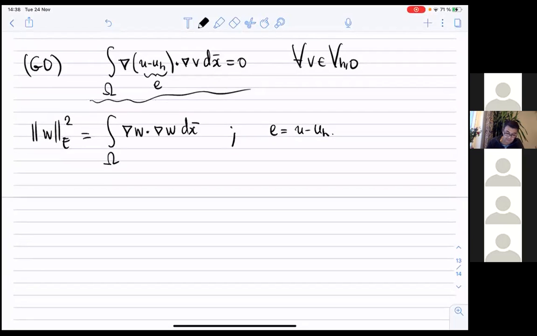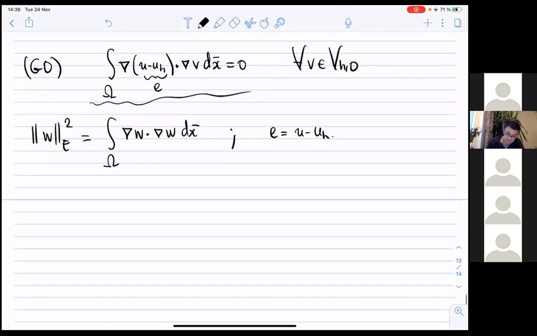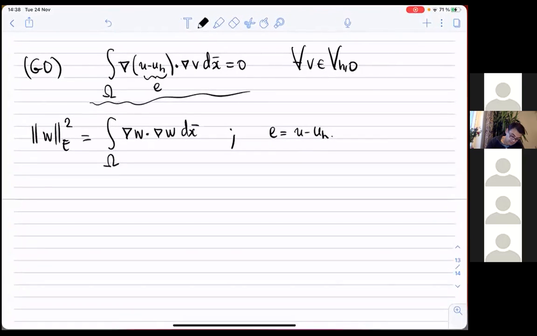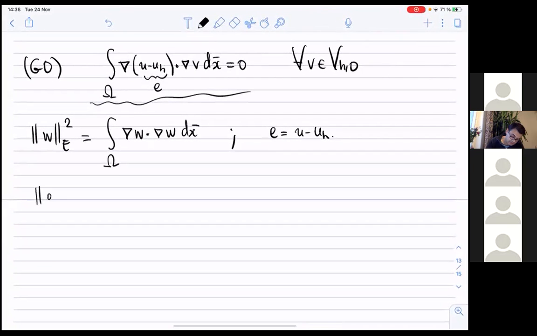And we can get the following estimate for the energy norm of the error. So little e error squared equals the integral over omega of gradient of u minus uh times gradient of u minus uh dx.